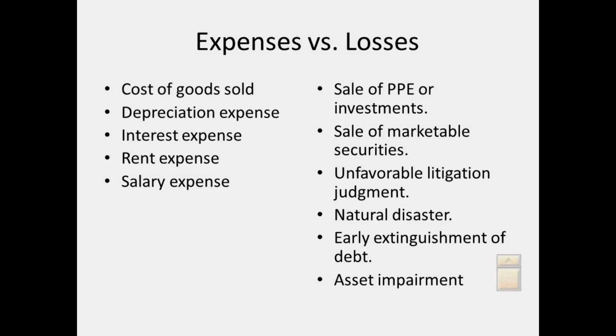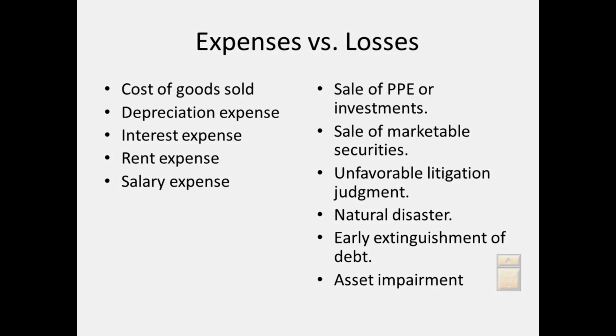You don't want your investors to think every year we're going to lose a lawsuit, so you want to highlight that it's not an expense, it's a loss. But on the other hand, you could lose easily. It's possible that the value of your assets when you finally sell them has gone below the book value, in which case you would experience a loss, or you sell marketable securities at a loss.